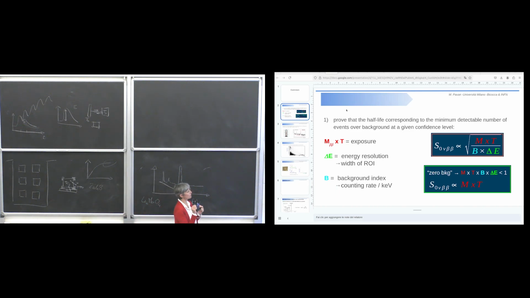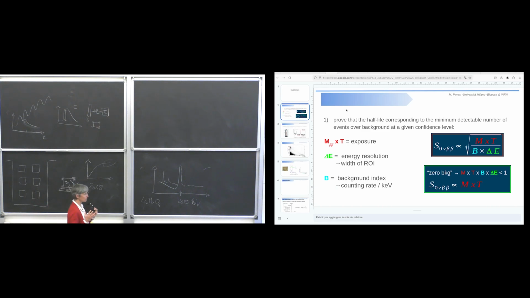And the parameters are the mass of the source, a number that is proportional to the number of double beta decay candidates, the number of isotopes that you have in your source. We assume to have a source that is itself the detector of the decay, and T is the exposure, therefore the amount of time during which I count events.